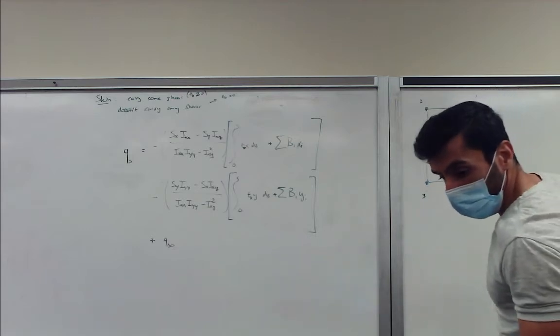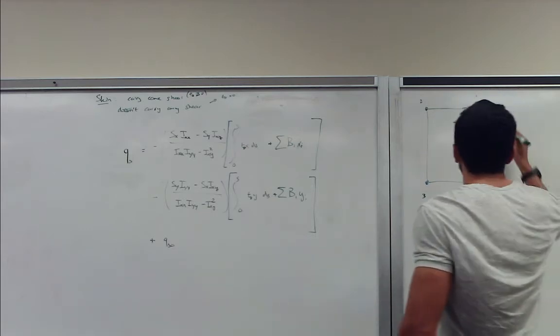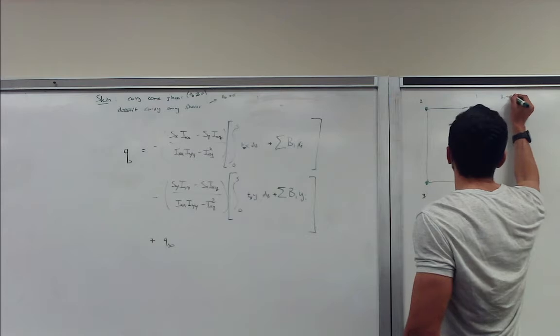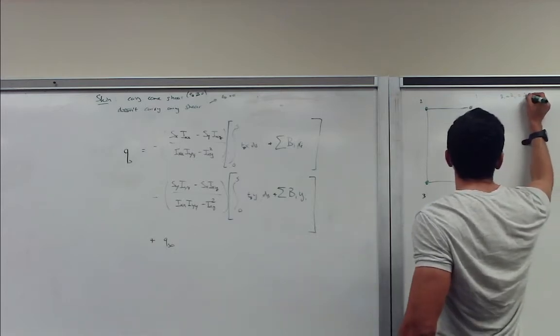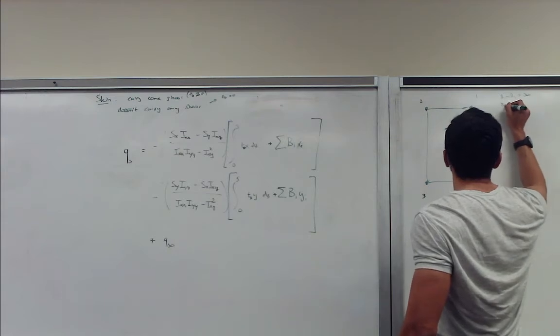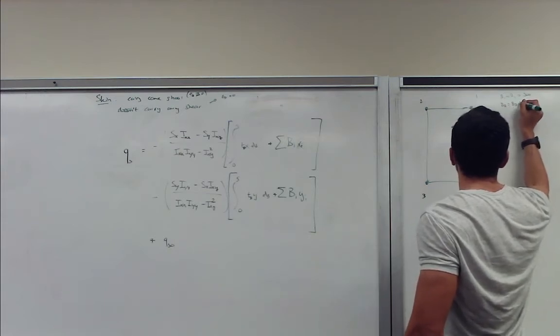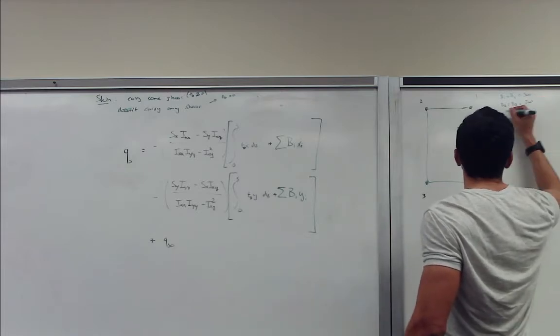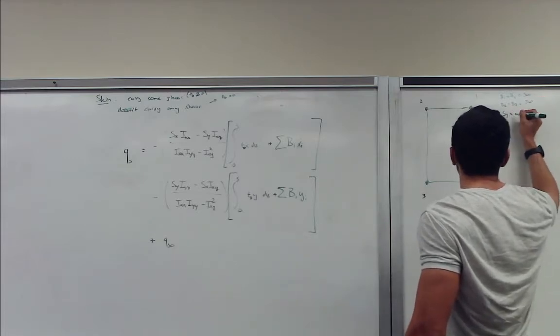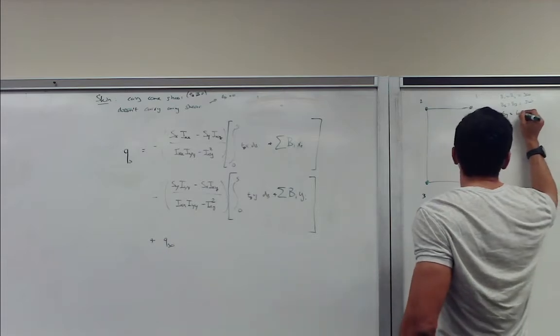In this case, to make our life a bit easier, B1 and B4 are given as 300 millimeters squared, and B2 is equal to B3, which is 500, and Sy is equal to 6.4 kilonewton.